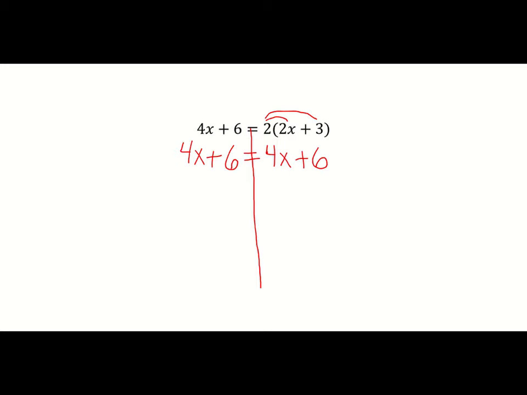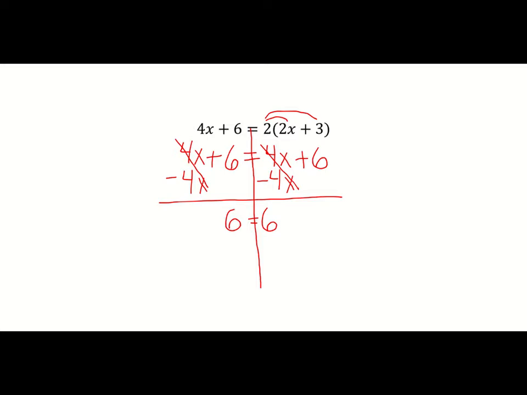So what I'm going to do is get the variables on one side. I have 4x and 4x. Since it's the same, it honestly doesn't matter which one I move. They're both positive. I'm going to need to subtract 4x to move these variables because that's the opposite of a positive. Now when I do this, on the left the 4x is canceled, so I'm left with 6. And on the right the 4x is canceled, so I'm left with 6.